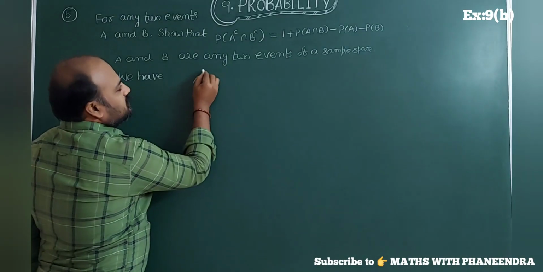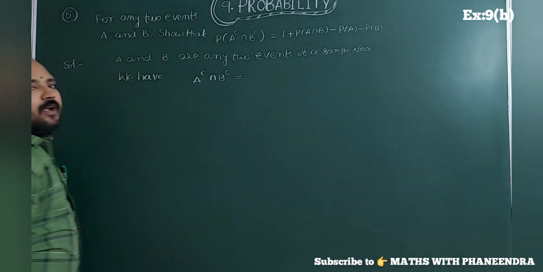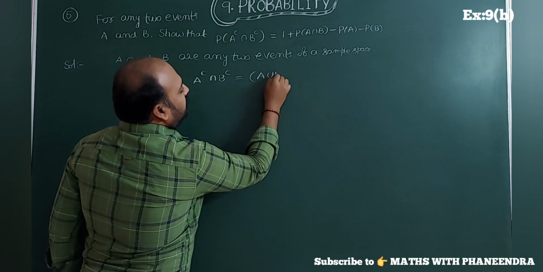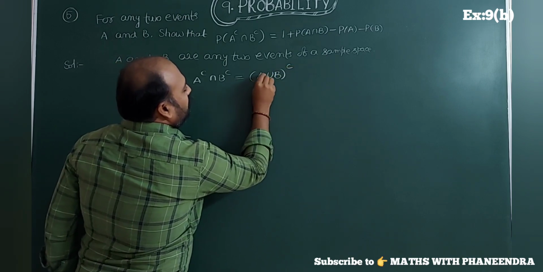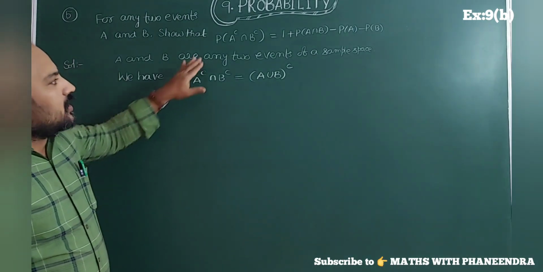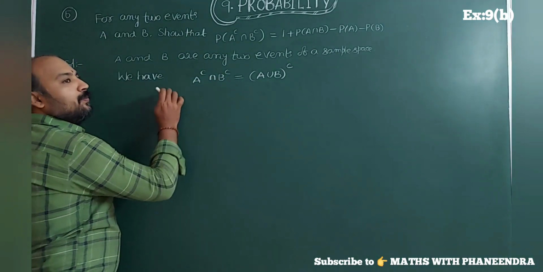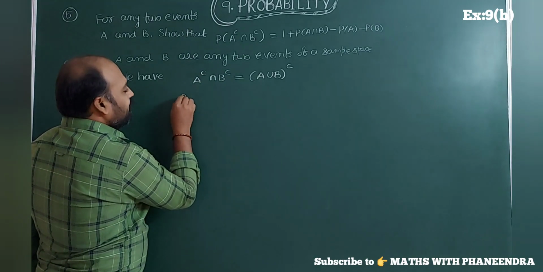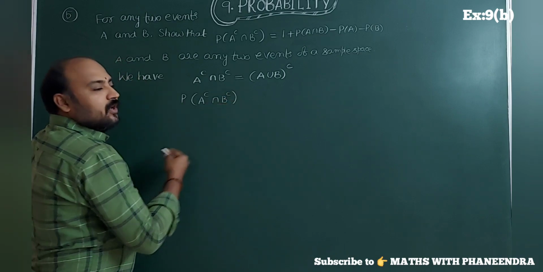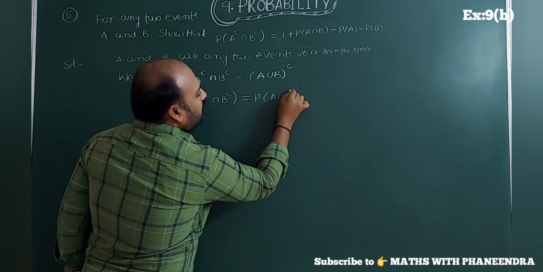From De Morgan laws, A complement intersection B complement can be written as A union B whole complement. But they are asking the probability of A complement intersection B complement, so taking probability function on both sides, P of A complement intersection B complement is equal to probability of A union B whole complement.